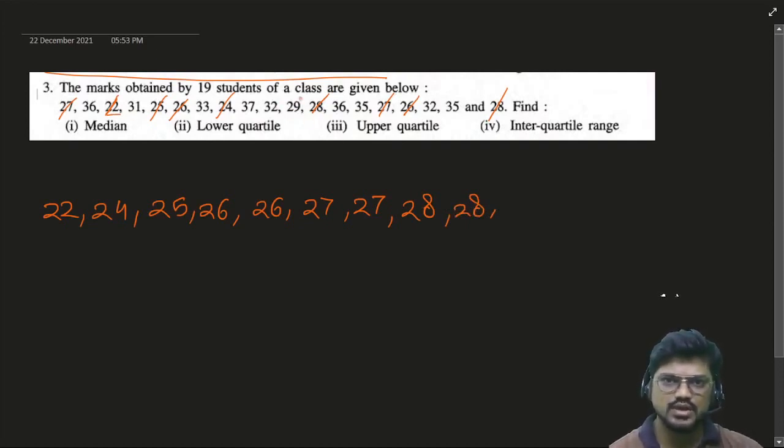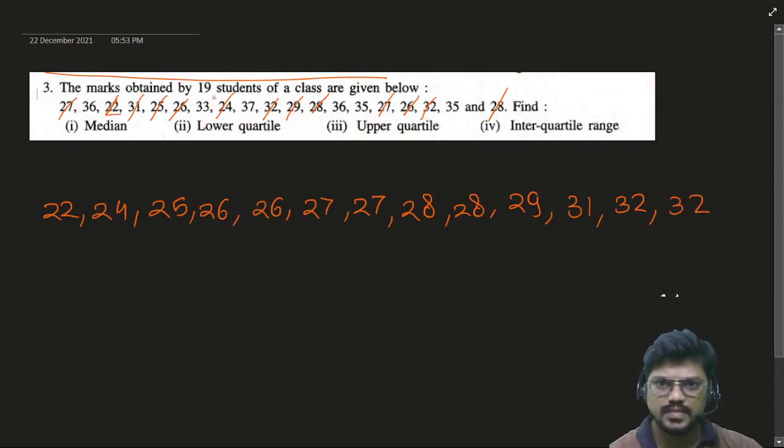Then 29, no more. After that 30 is not there. 31 is there, and no other 31. 32 you can take, and one more 32 is there. Then 33 is this.